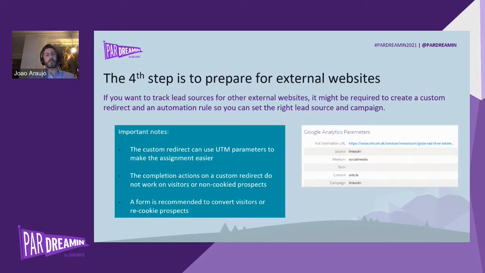Custom redirects have some specificities. For example, the completion actions don't run on the prospect unless it's cookied. So sometimes adding a form afterwards is also a good step to ensure that you can cookie the prospect and assign it to the right source.